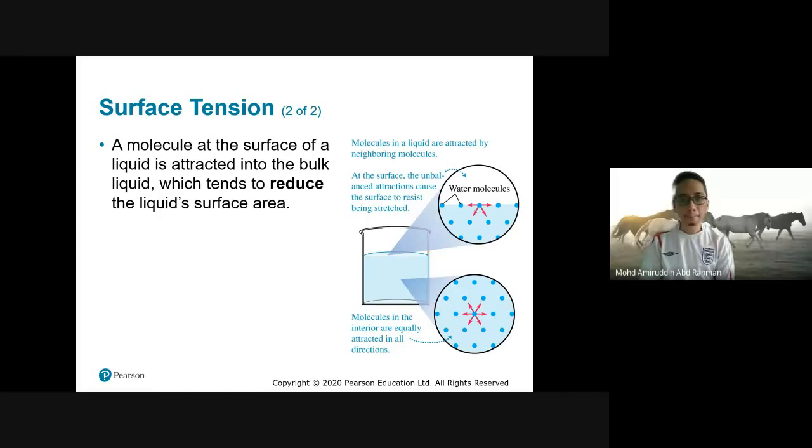The molecules in the interior are pulled equally in all directions. So this tends to reduce the liquid's surface area, so the liquid surface area is reduced when we have surface tension.